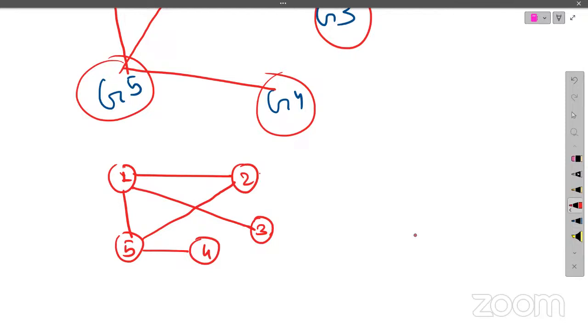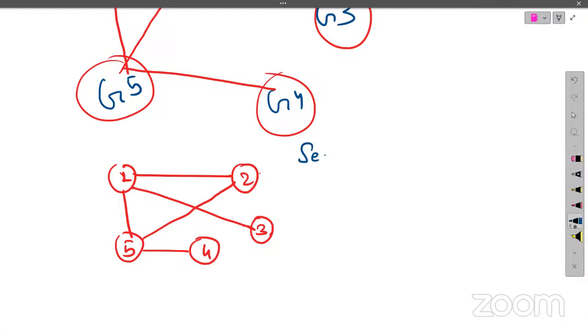So again, what is the restriction? If there is a common member in two dance groups, one of them can perform, but the other one cannot, because we want a person to dance only once. Also, if a dance group is performing, every member of that dance group is performing.